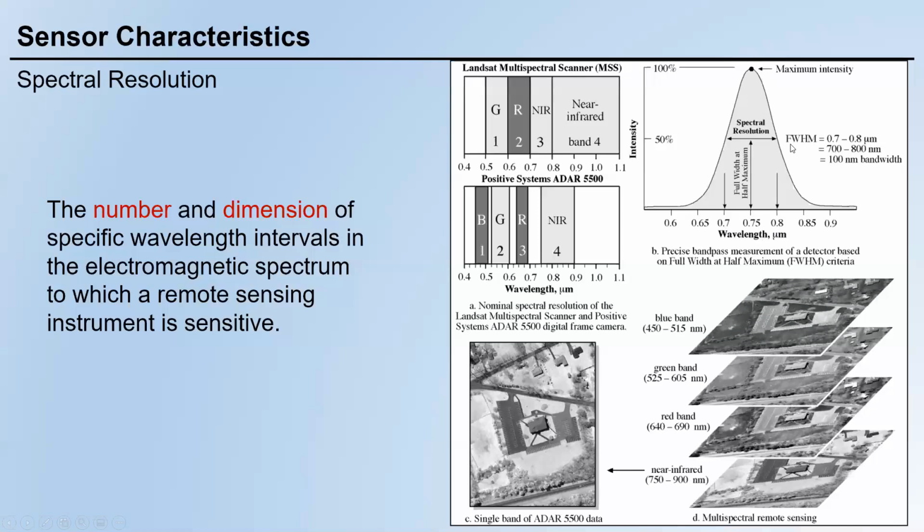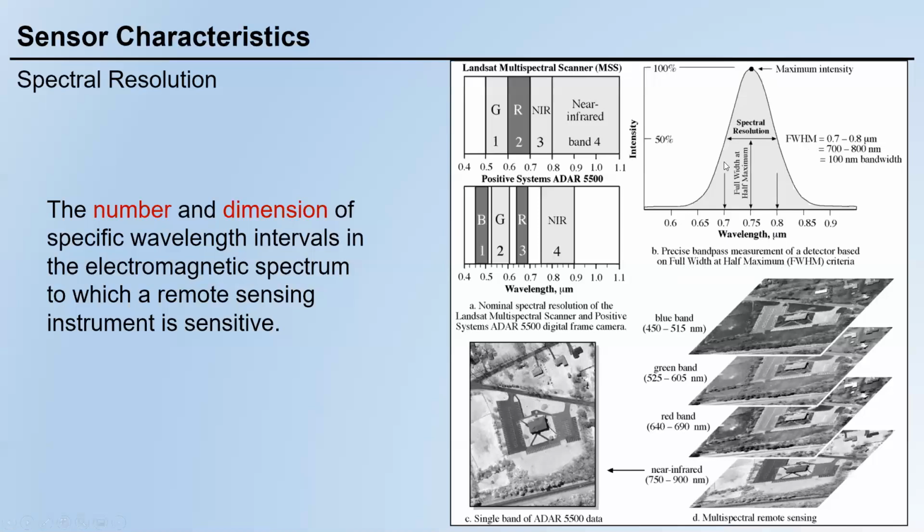So we use something called FWHM. The full name is full width at half maximum. Half maximum means the intensity of the energy that can be received by this band is 50. If you draw a horizontal line here, here is the intersection, here is another intersection.